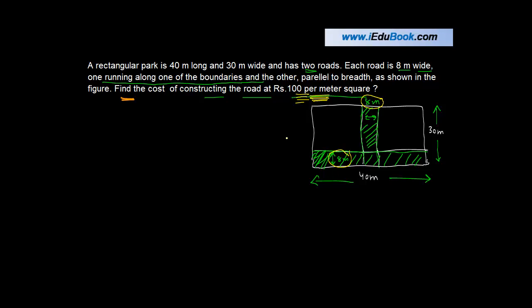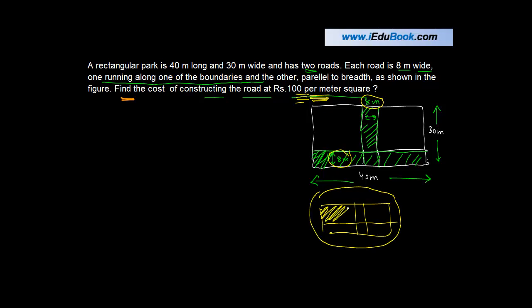There are two ways to do it. One way is, either I can calculate the area of the entire rectangle and from that I will reduce the area of these two portions, right? Whatever is the area left is the area covered by the road.